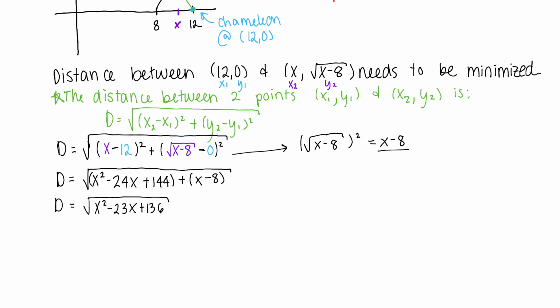And then there's two things we can do here. So one option you have here is minimizing distance. This is kind of a trick. Minimizing distance is the same thing as minimizing the square of the distance. So you can square both sides of this and just minimize that function. That will work. And it ends up being a lot easier. But you could also just take the derivative of this guy the way that he looks.